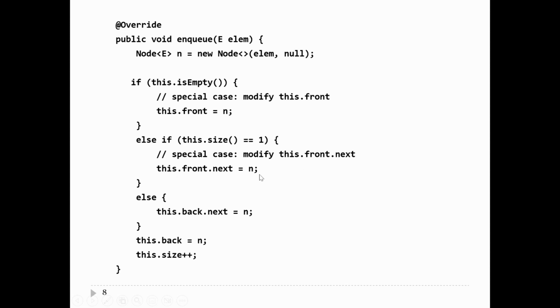You have to make that refer to the new node that you just added. So there are these special cases that you have to watch out for. It's a bit tricky when you implement these node-based structures; you're always looking out for these special cases.